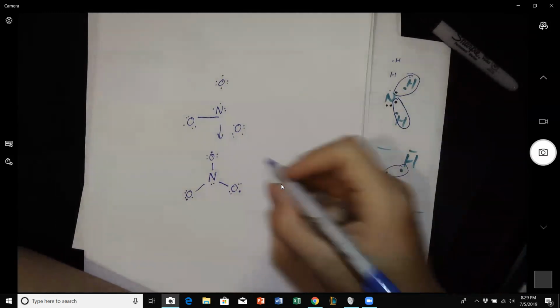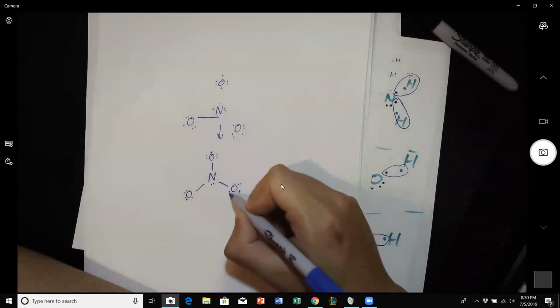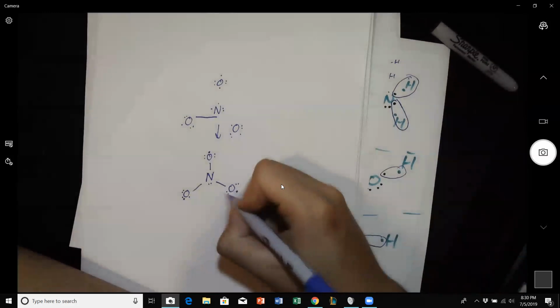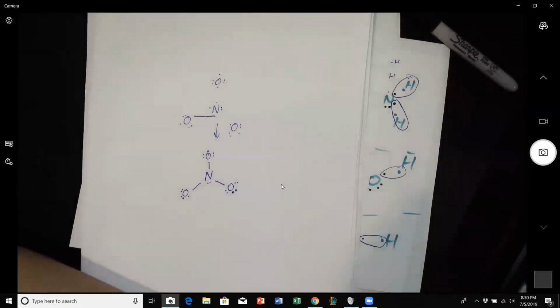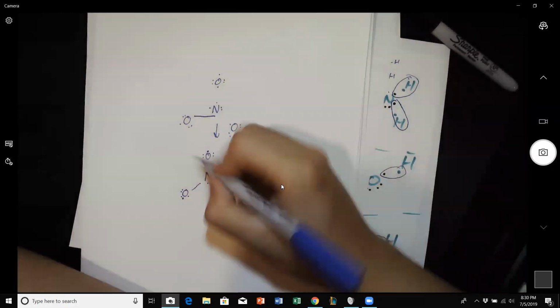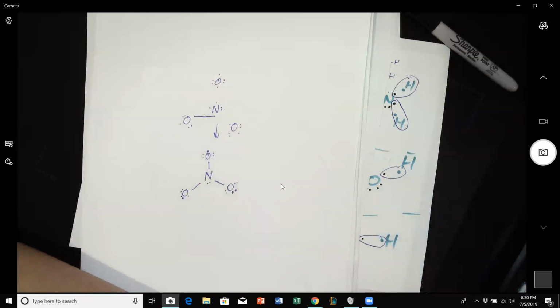So it turns out that this oxygen has 1, 2, 3, 4, 5, 6, 7 electrons, right? If we add 1 more to it, now our octet is complete. However, we still need to complete the octets of these oxygen atoms, right?